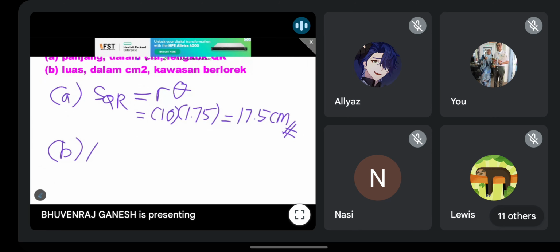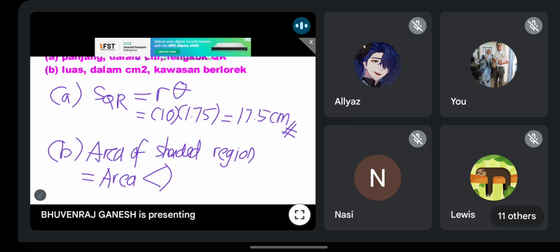So area of shaded region. Kalau kamu nak lah untuk bagi pemeriksa jelas sikit, you can write like this. Luas sektor, kamu tak perlu tulis dalam perkataan tau. Sektor macam ni, no need to write in words. Kalau kamu lukis bentuk macam ni, masih diterima tau.